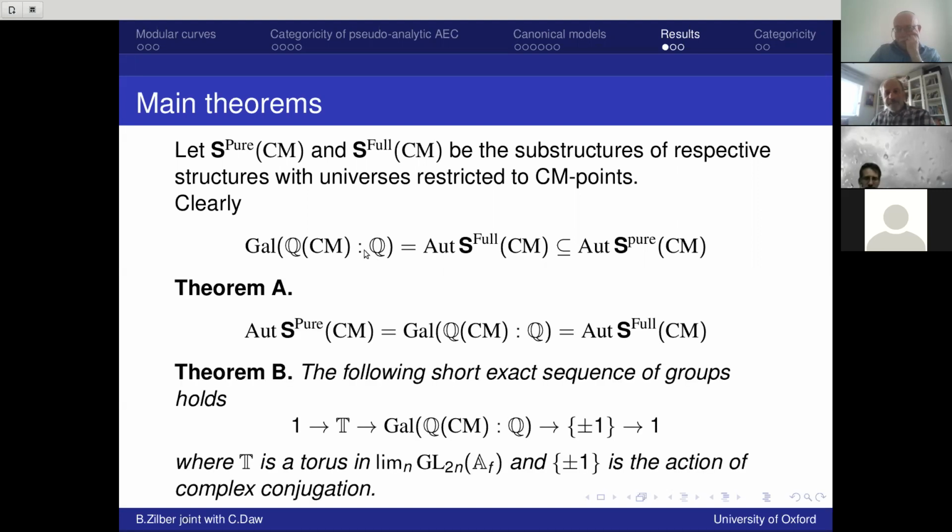And now we have two main algebraic results. The first result is that we have a full description of this automorphism group.